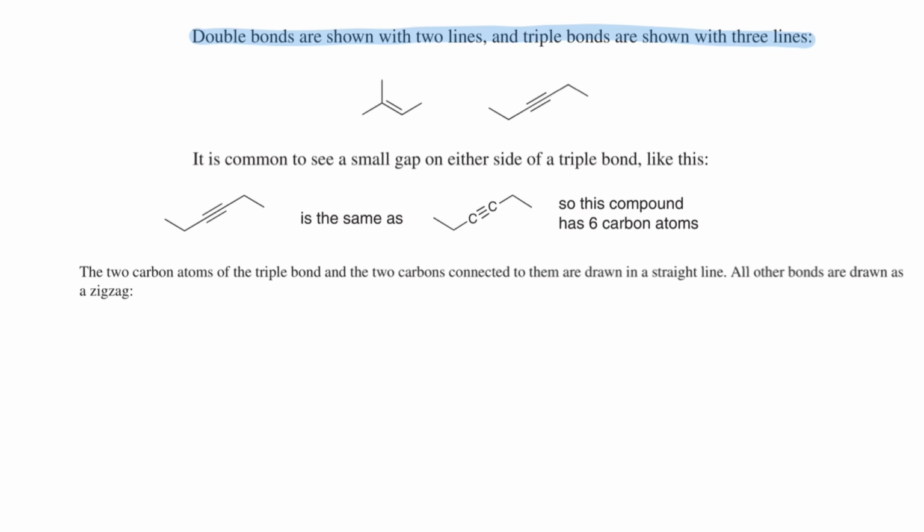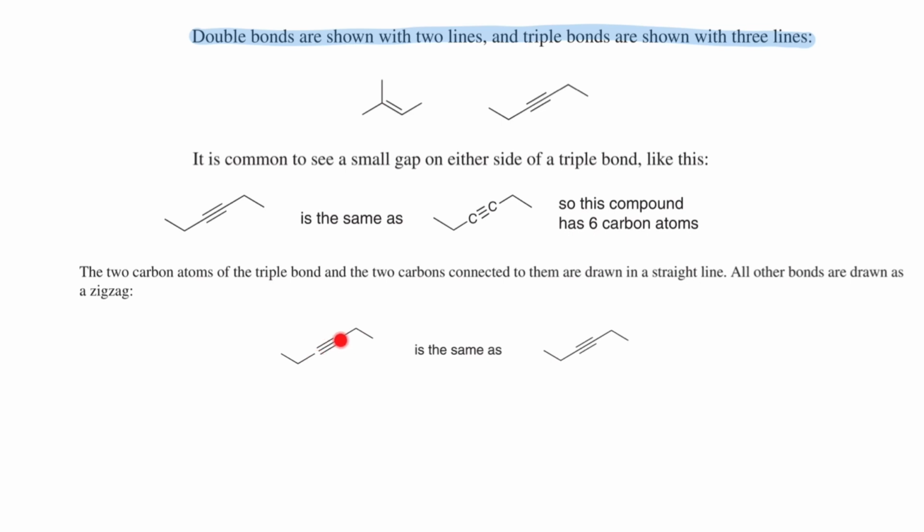Therefore, this will be represented as linear. The remaining bonds are represented in a zigzag manner. No problem, but you must keep in mind when you draw a bond line notation that the triple bond should be drawn as a linear structure.